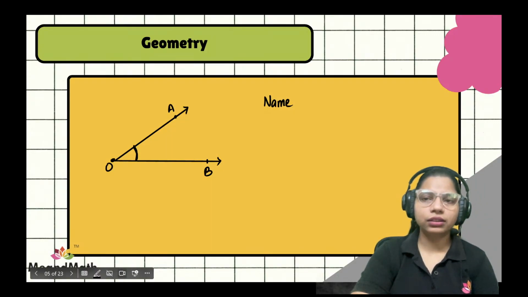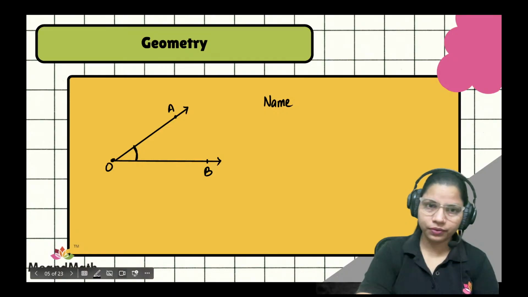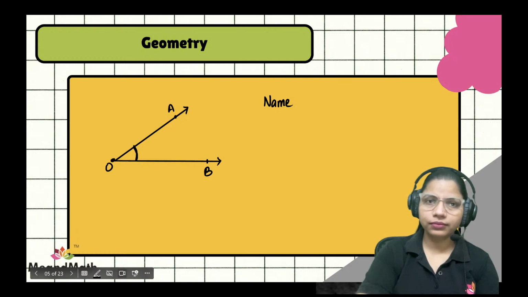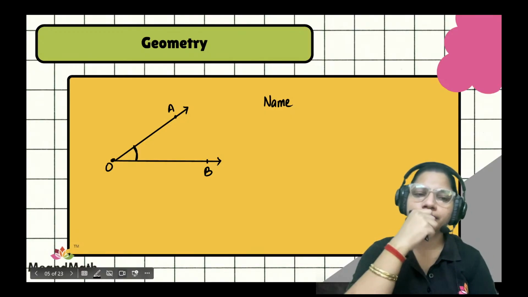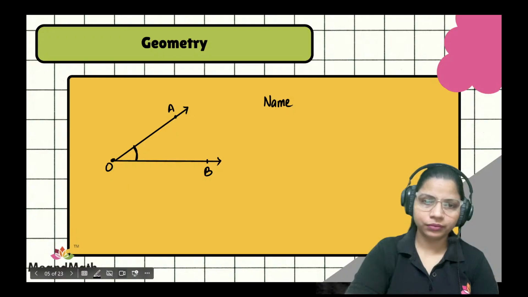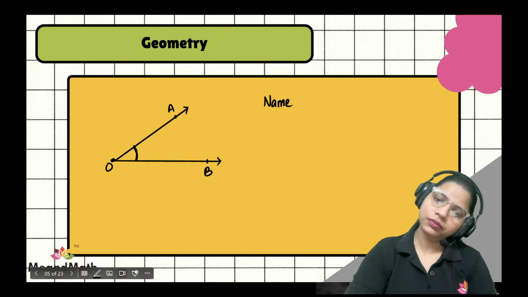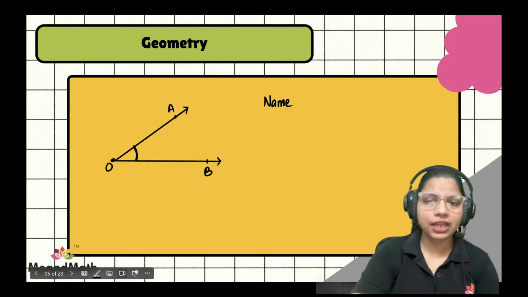Just type the name of the angle. Just type in the name of the angle.